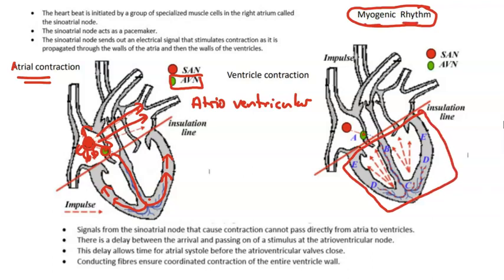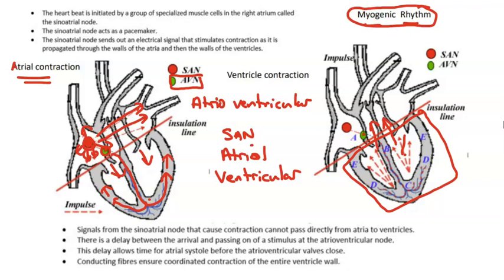So in myogenic rhythm, the contraction of the heart is first of all generated by the sinoatrial node itself. This causes atrial contraction first, pumping the blood down, followed after a short delay by ventricular contraction, which forces the blood upwards and out into the arteries.